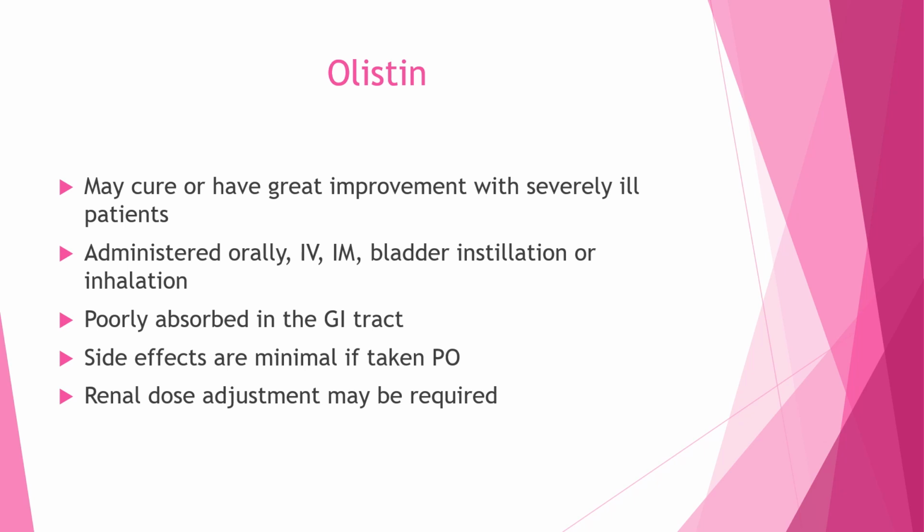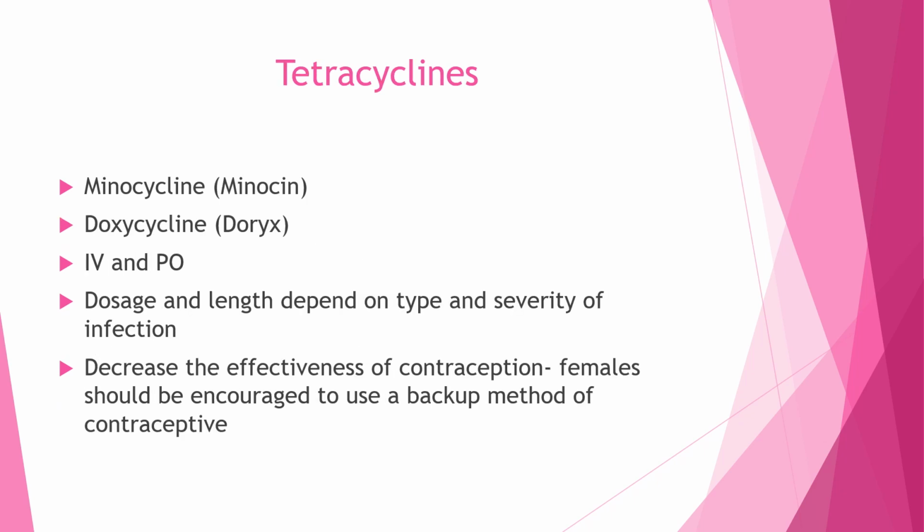But as you can see, because it's absorbed poorly in the GI tract, PO would not be the first treatment of choice. Renal adjustment of the dosage is required because we need to be looking at kidney function. Sorry, I misspoke.